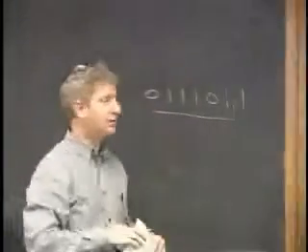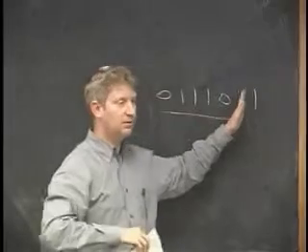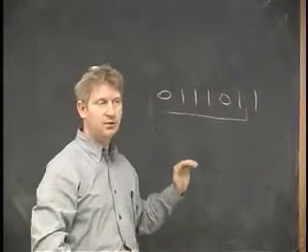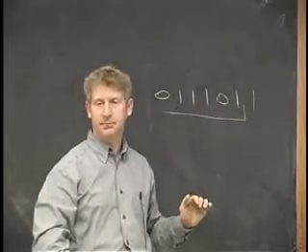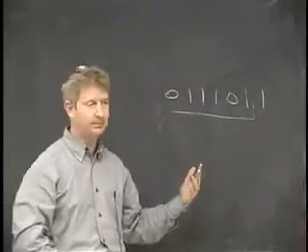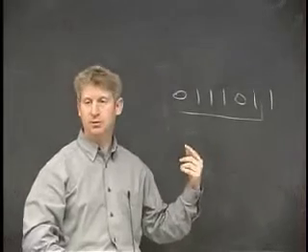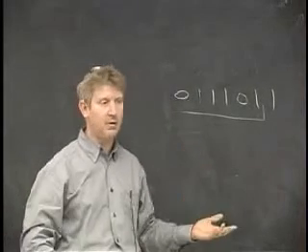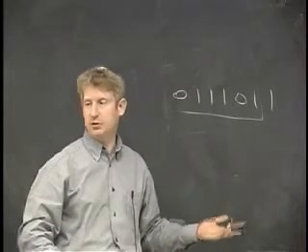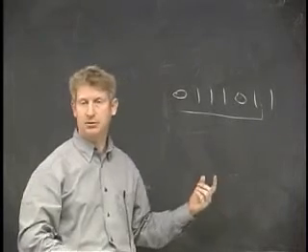How many different ways are there of taking 6 digits and putting 3 zeros and 3 ones in them? I got 3 choices for the ones, anywhere I want to put them. That's 6 choose 3. And when I'm done with that, I got no choices for the zeros. They just have to go in the other spot.